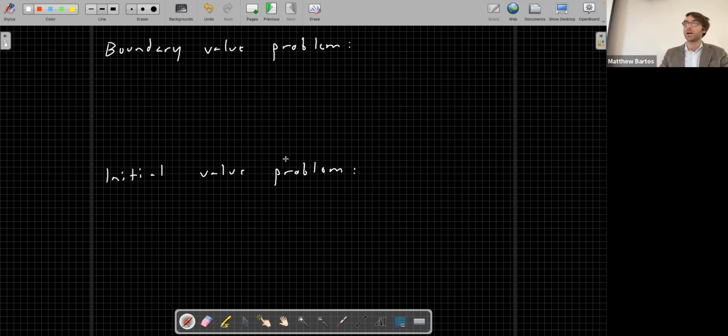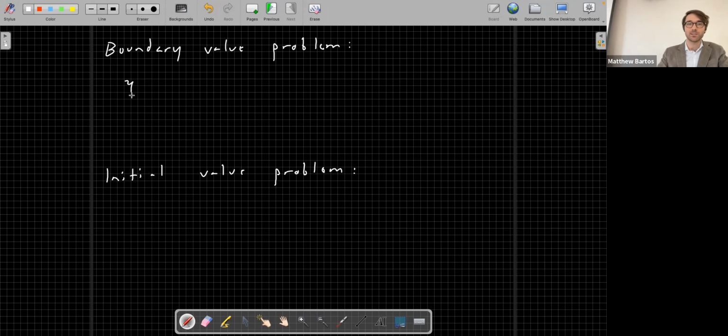Okay, so for a boundary value problem, assuming that your variable t represents time, you pick n different points in time and you specify the value of the solution at those points in time. And with those n boundary conditions, you can specify a unique solution to your LTI system, right?